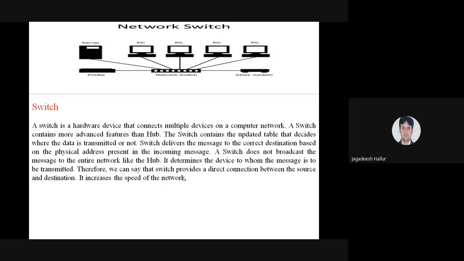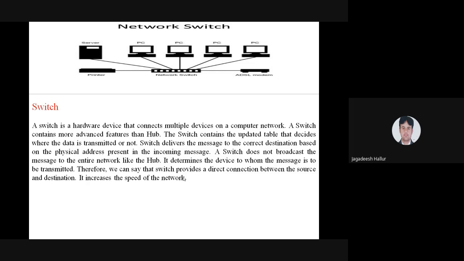Once the process starts, it broadcasts to all the computers. Once it comes to know that this MAC address belongs to PC number 3, that has to be maintained immediately in the table. Port 1 PCA, port 2 PCB, port 3 PCC, port 4 PCD.